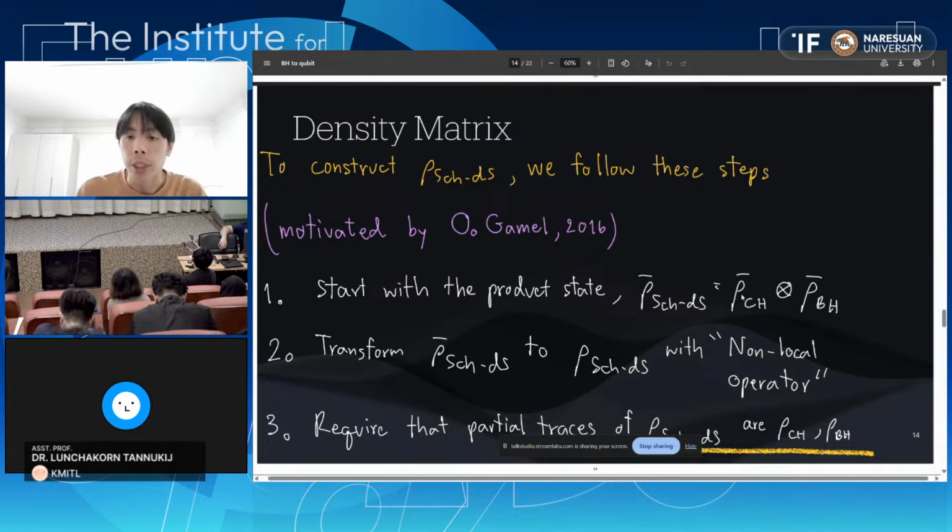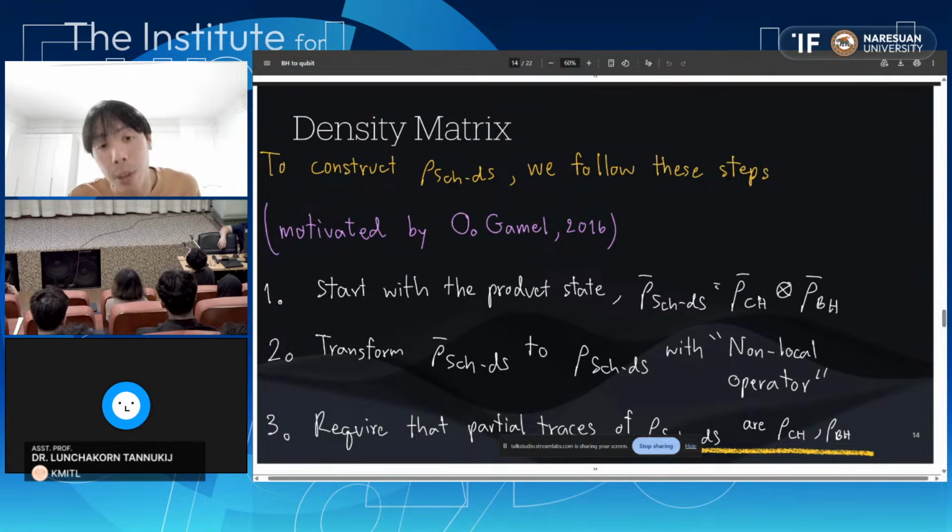There is none, actually. But the non-local operator that is expressed in this work introduces the entanglement. There are two kinds of operators that can transform the density matrix. One kind changes the basis of each of the density matrices, which is called a local operator, if I remember correctly.